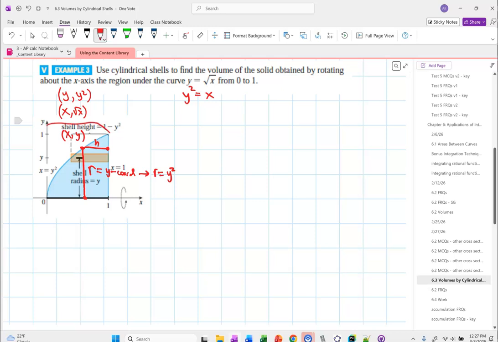So this distance is 1. This distance is x. So h should be 1 minus x, right? Everybody agree?